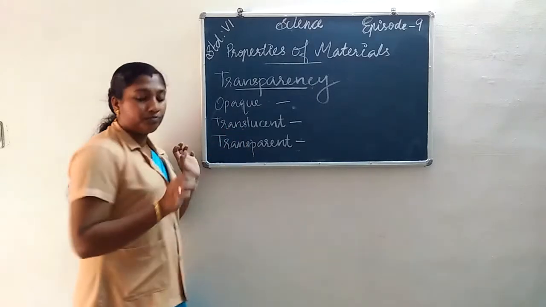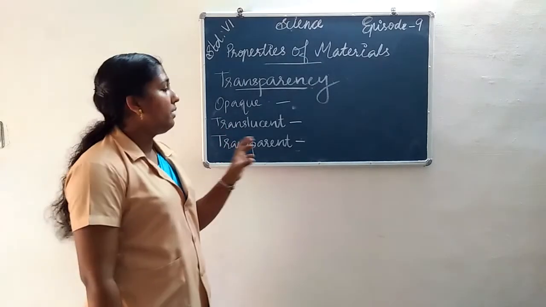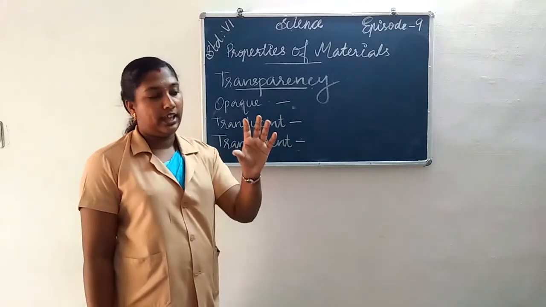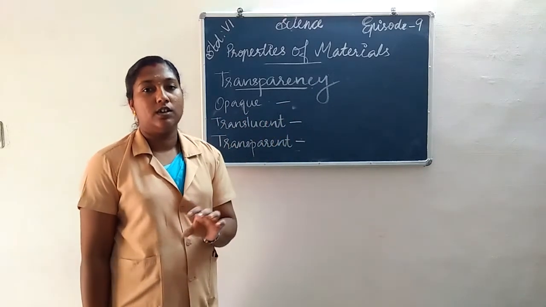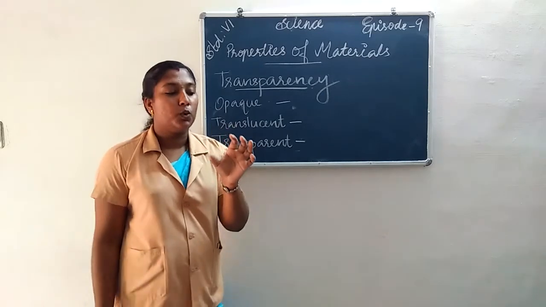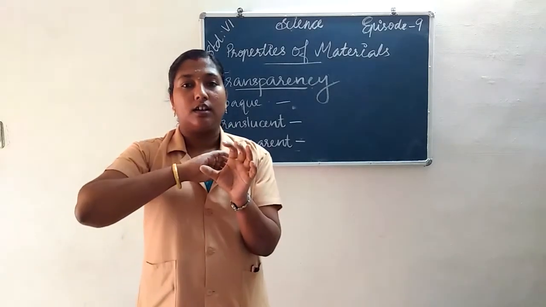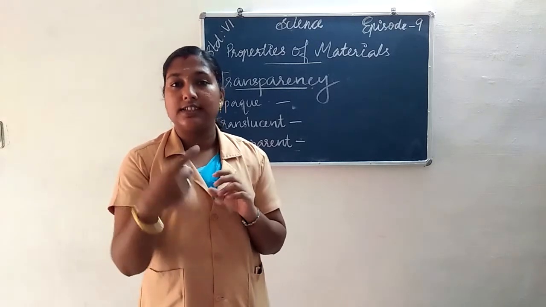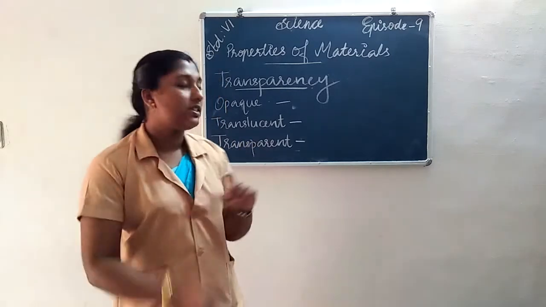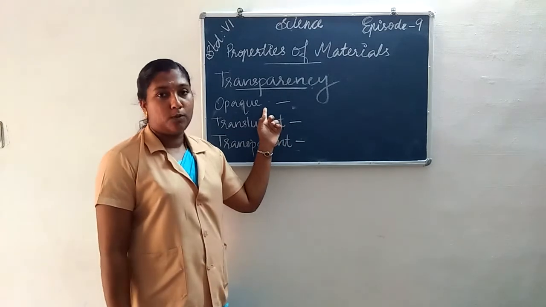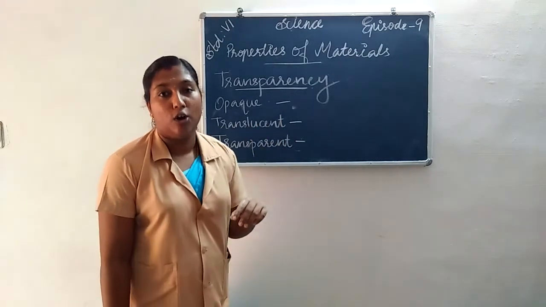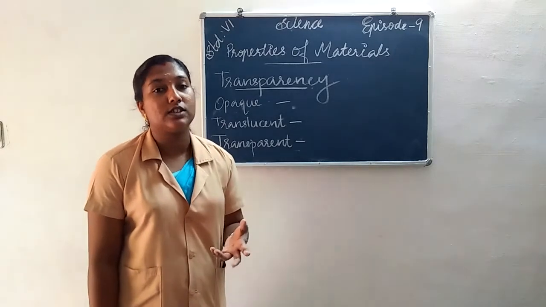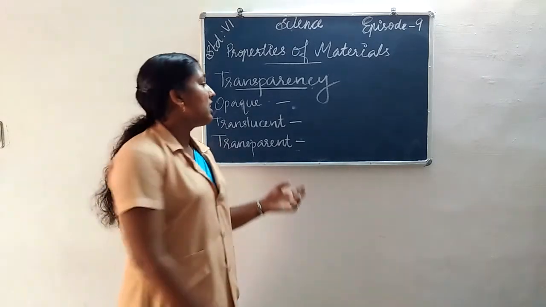If we take an opaque object, like a piece of stone, can we see the other side? No, because it is an opaque object. Stone is an opaque object. Opaque materials means materials through which we are not able to see.